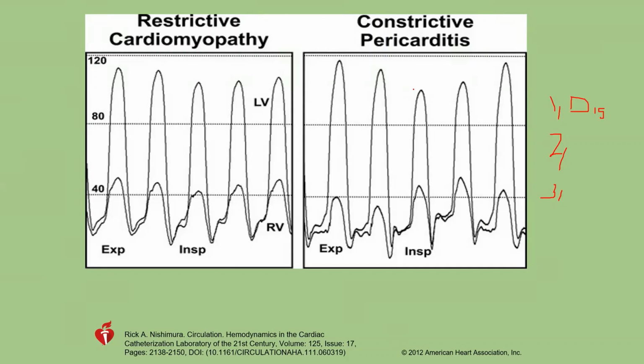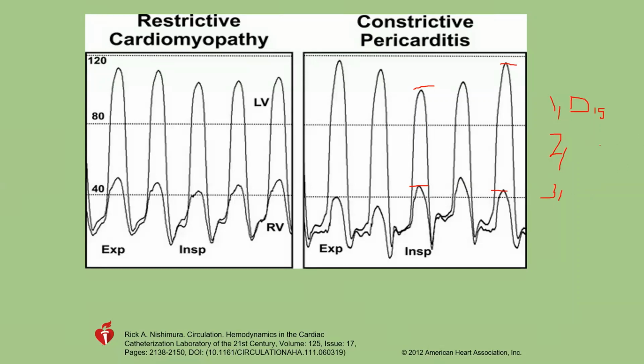So look here, when the LV goes low, the RV goes high. When the LV goes high, the RV goes low. So this is discordance. This discordance is the invasive hemodynamic tracing of enhanced interventricular interdependence, which is the important mechanism of constriction, the pivotal mechanism of constriction.